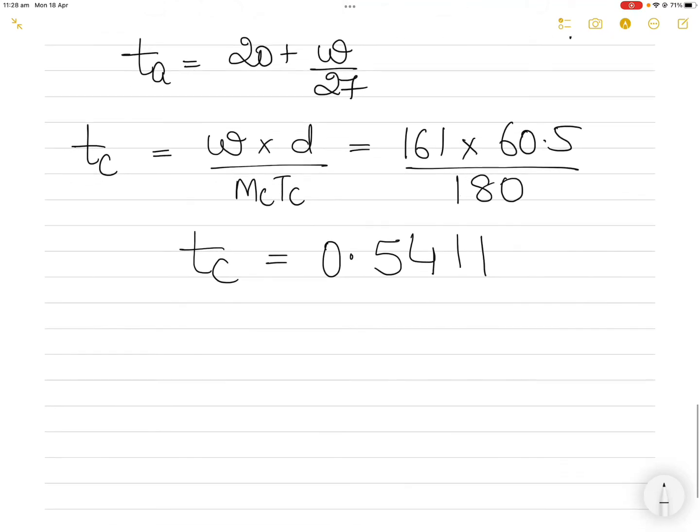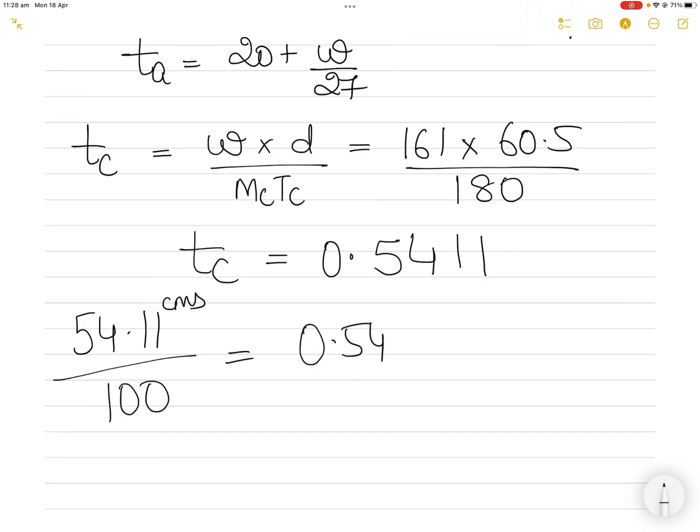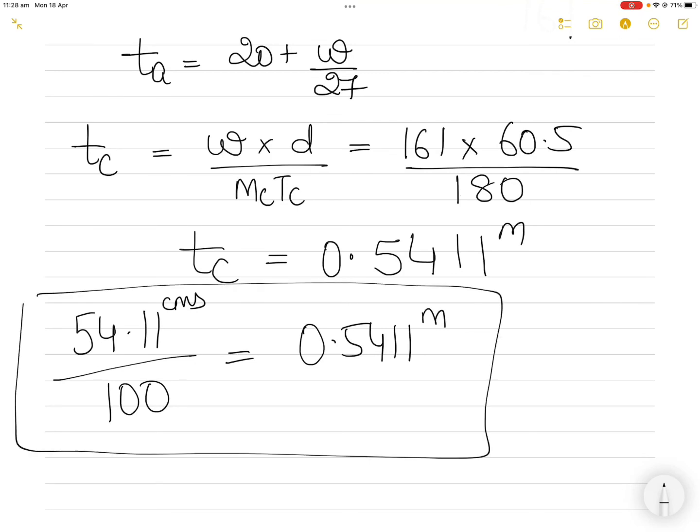So the answer you will get is 54.11, but this is centimeters. So just divide it by 100 and convert it into 0.5411 meters. Because this is the moment to change trim by 1 centimeter, the answer you get is in centimeters, so divide by 100 to get meters.